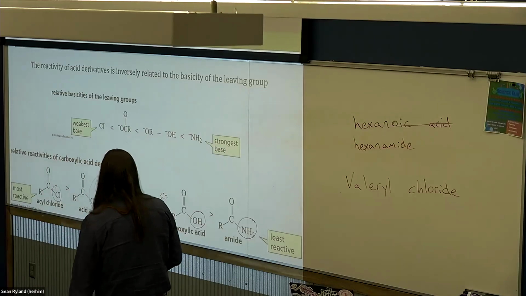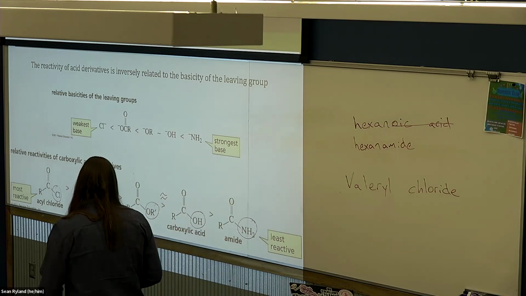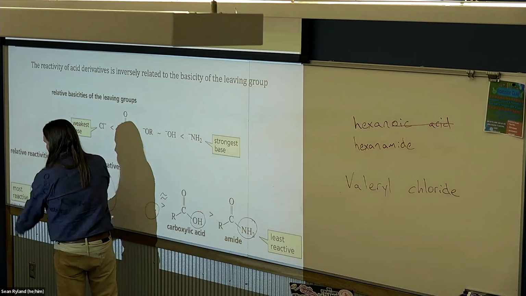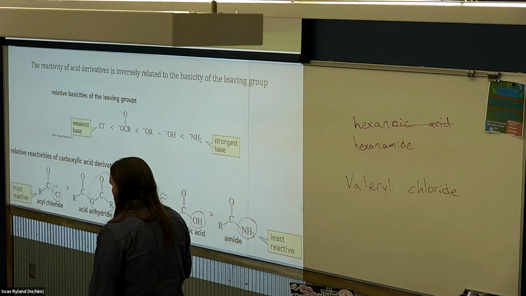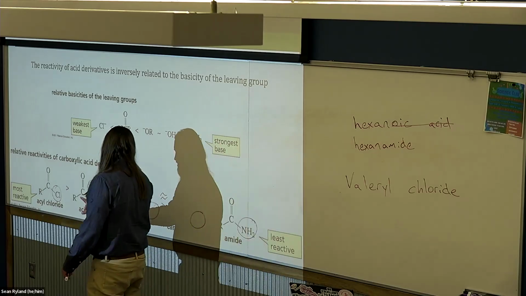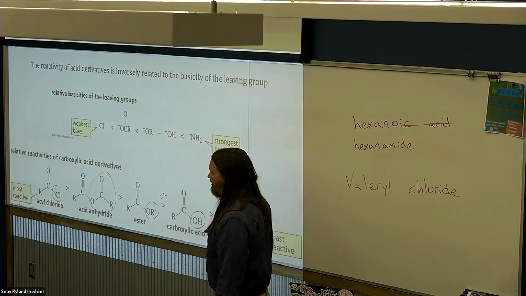It's just because of the concentrations. And we'll talk about that in more detail. But what this also means is that anything to the left can be pretty easily converted to anything to the right. So an acid chloride we can turn into an acid anhydride, or an ester, or a carboxylic acid, or an amide, all pretty easy.